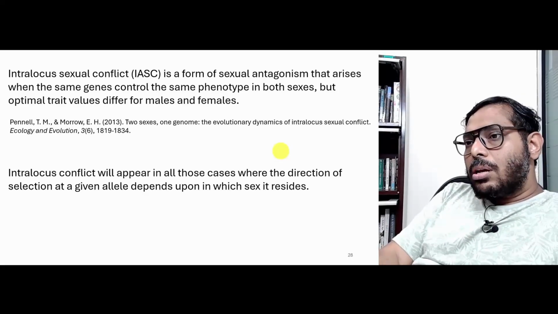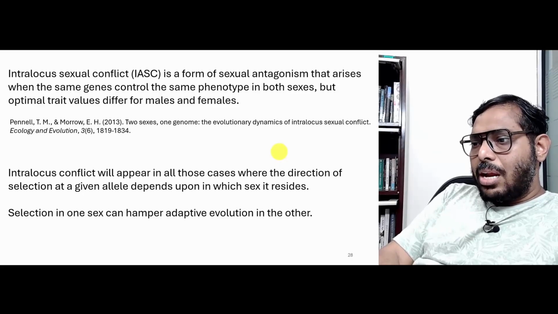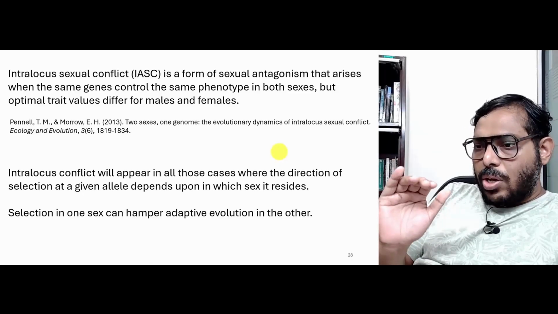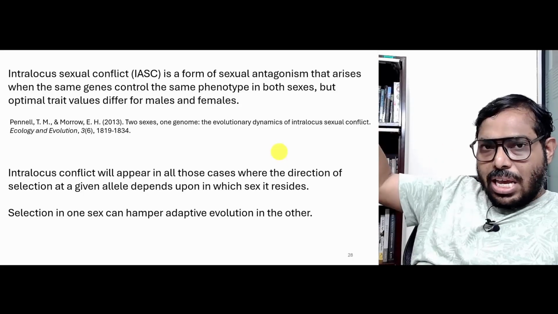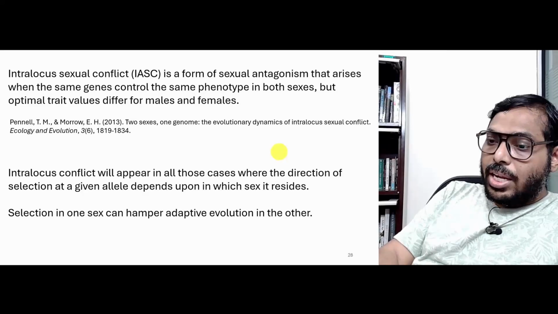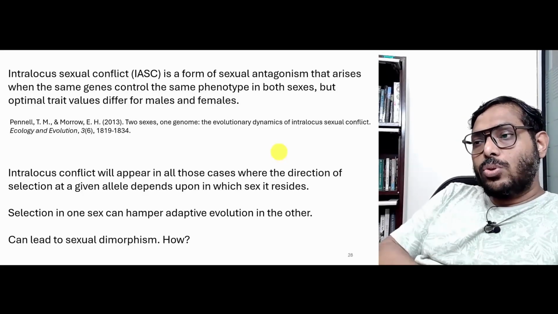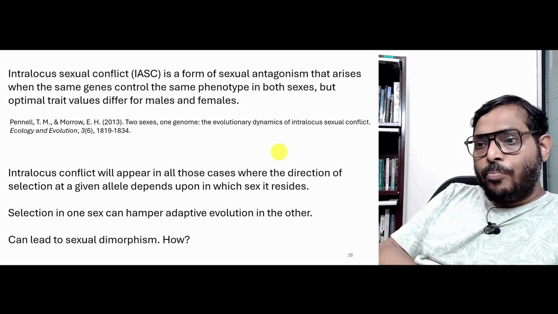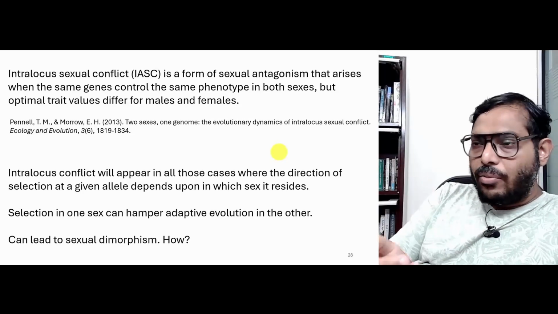Now, what intralocus sexual conflict does is that, because of this, selection which is benefiting things in one sex will end up hampering adaptive evolution in the other, and the thing that intralocus sexual conflict can often lead to is the evolution of sexual dimorphism. Now, how exactly will that happen?